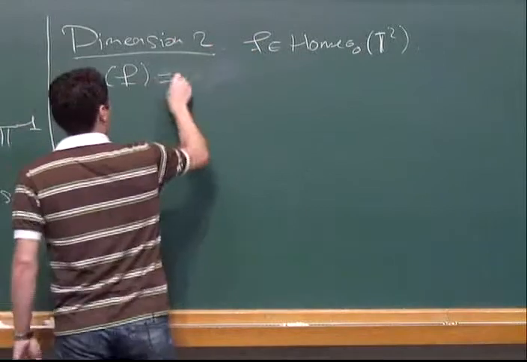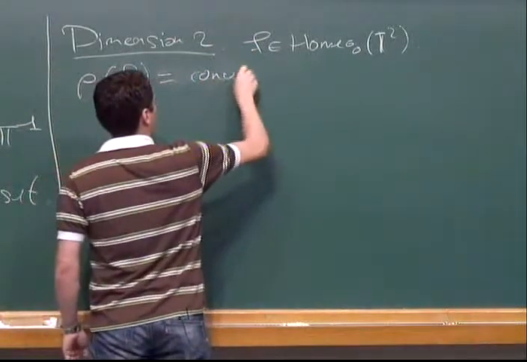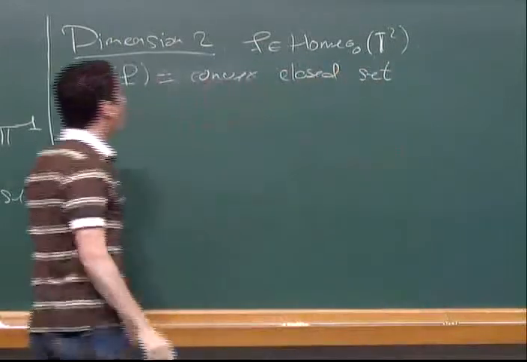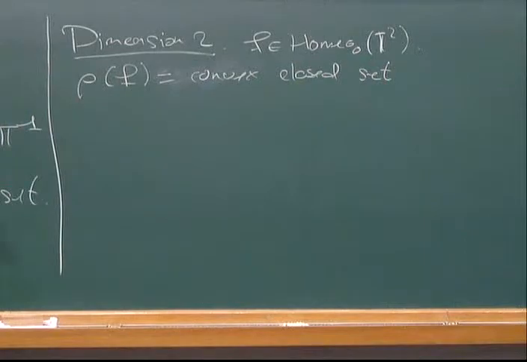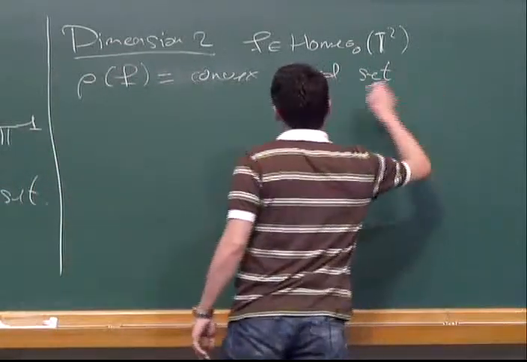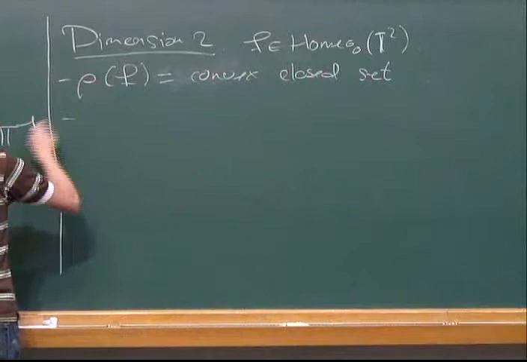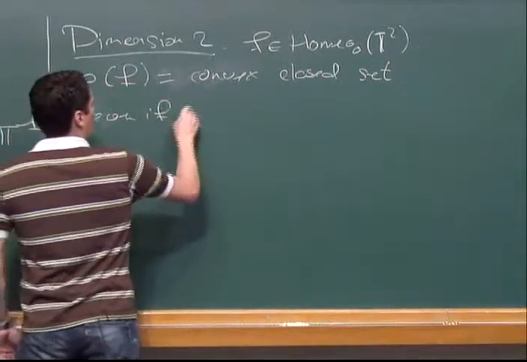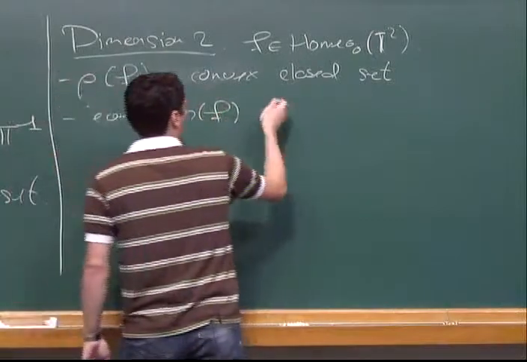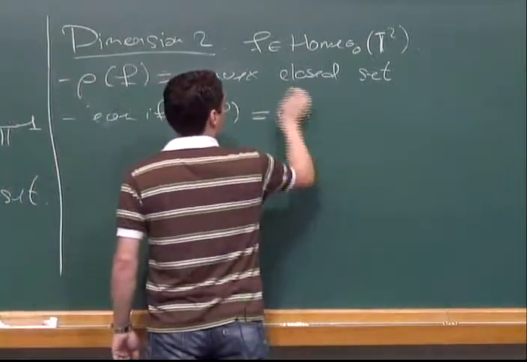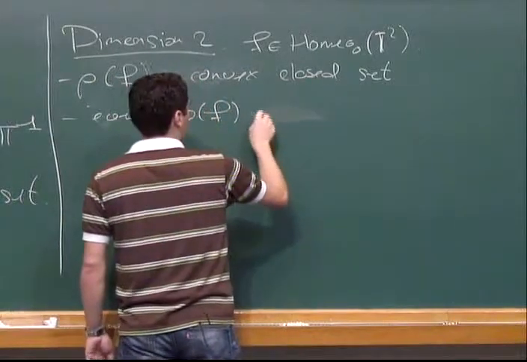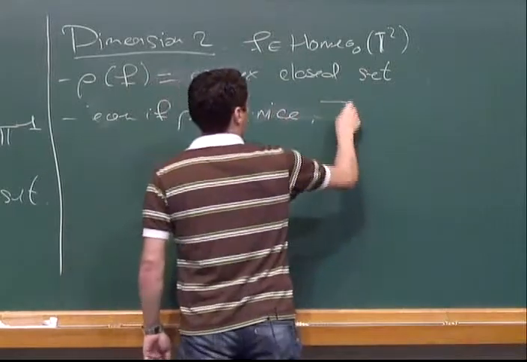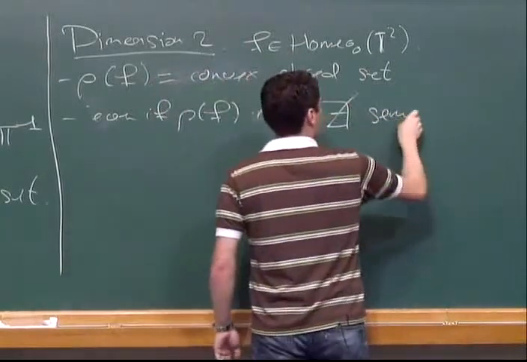Here, in general, this is no longer a single point, so this is a convex closed set, and that's certainly different from dimension 1. And two, even if rho of f is nice, and by nice, for example, you could say it's an irrational number, well, let me just say nice for now, I will make that precise later, even if rho of f is nice, there does not exist a semi-conjugacy to a linear model.